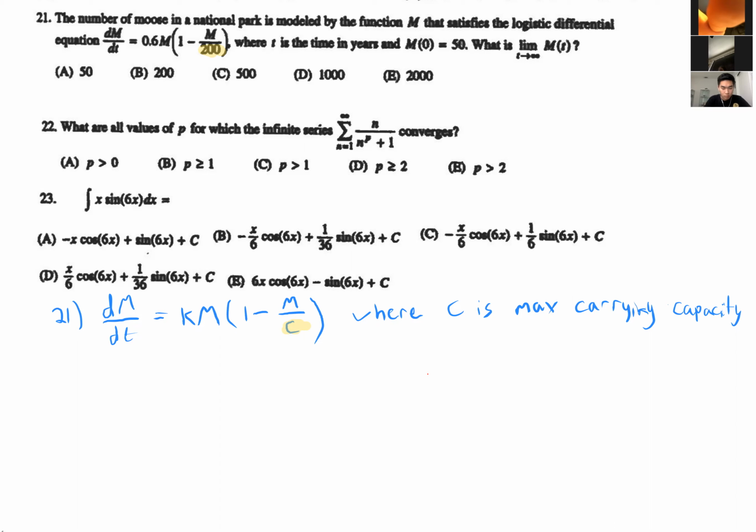But this is one way you can write a logistic growth differential equation. So if you can identify that this form here is the same as the form that's given to you, that gives you the limit as t goes to infinity. So as the number of years approaches infinity, the maximum number of moose you can have would be 200 based on the given equation.